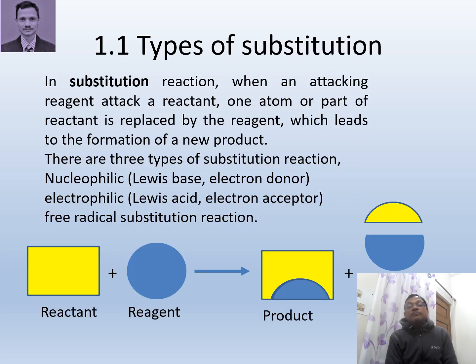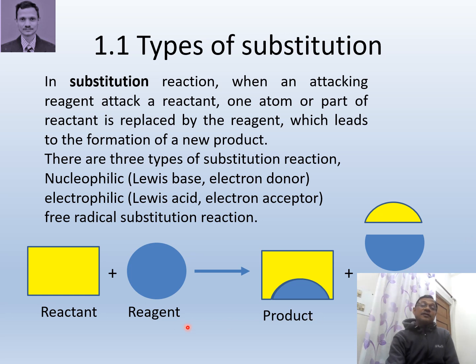Now first one is substitution reaction. In substitution reactions, what happens is this attacking reagent, when it attacks this reactant, some part of this reagent replaces one atom or group of atoms of this reactant. So it is replaced and a new product is generated as shown in the figure.